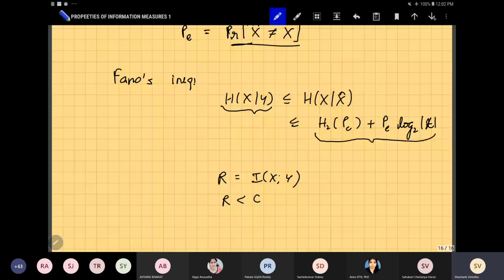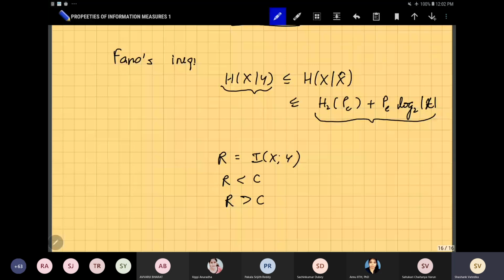But it turns out that if R is greater than C, if you try to transmit at a rate greater than the capacity of a channel, then the probability of error, in fact, cannot be driven down to 0. So there exist no codes which asymptotically achieve a rate greater than capacity and at the same time achieve a vanishingly small probability of error. If you try to transmit at a rate above capacity, then the probability of error will be strictly greater than 0.